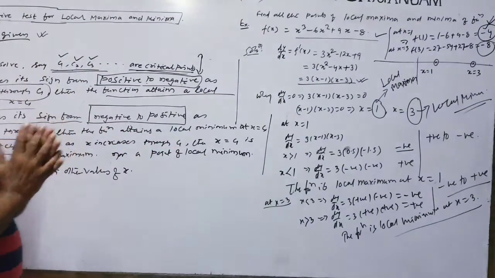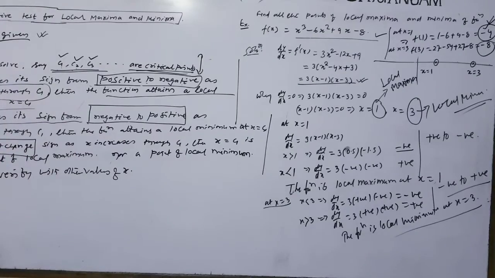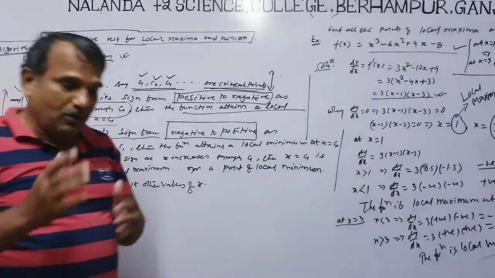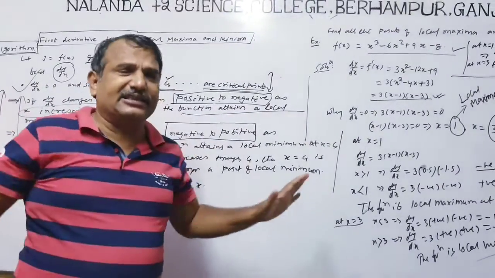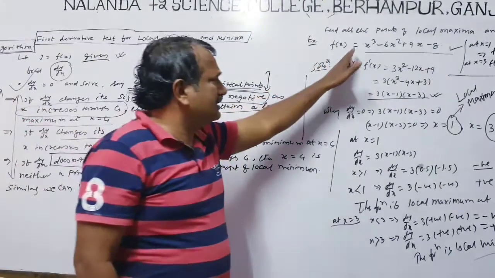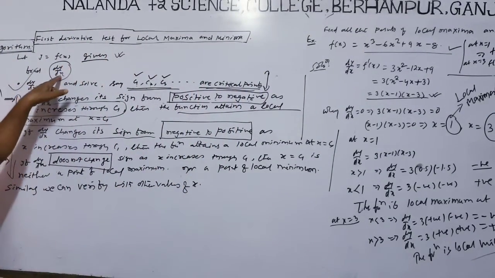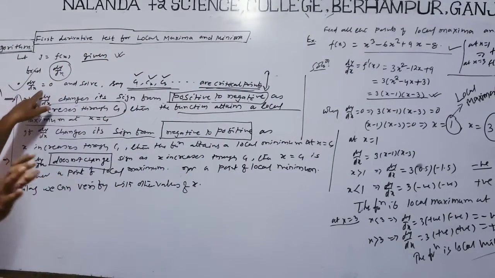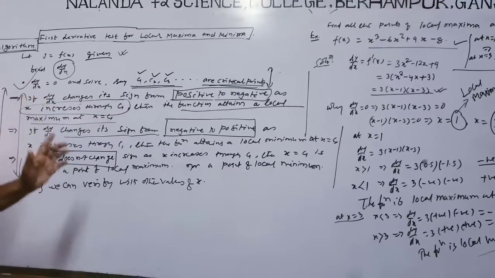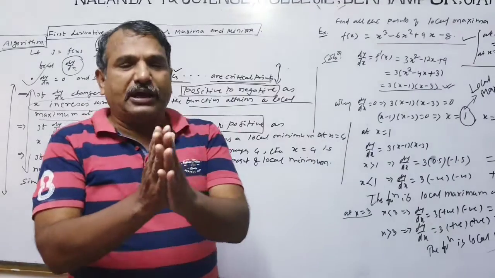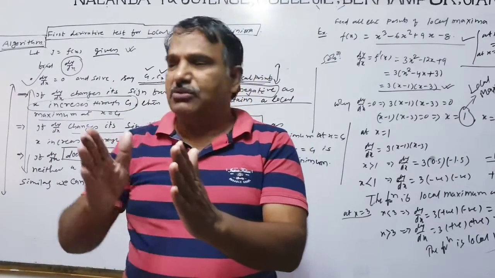Okay. Now what are the points? The very important point is to find the local maxima and local minima by using the derivative. Now first, any function is given. This is a simple example. First, find the derivative. Second, set dy by dx equal to 0 and find the critical points. Suppose x equal to c1, c2.